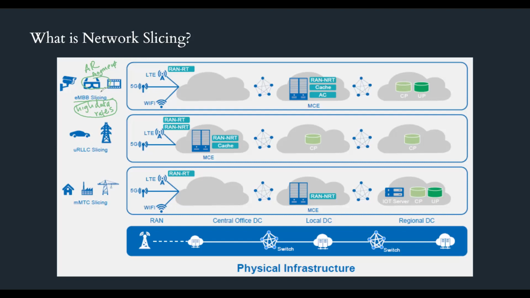Those headsets and glasses require high data rates, more than 20, 30 gigabits per second, in a very small time. And we also require high data rates for CCTV and other entertainment applications. So for those applications, a separate slice will be allocated by the telecommunication service provider.